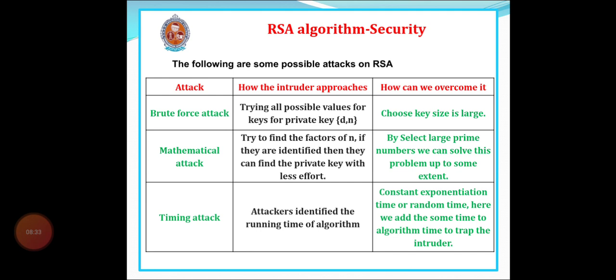So if our original algorithm consumes 5 seconds, we can give the result after 7 seconds or 8 seconds. So the attacker thinks that the running time of the algorithm is 8 seconds, but the actual running time of the algorithm is only 5 seconds. We add 2 or 3 seconds extra to produce the results. In that way we can overcome the timing attack in the RSA algorithm.